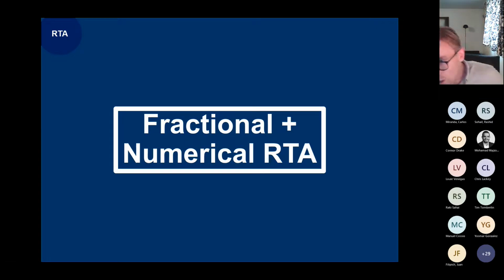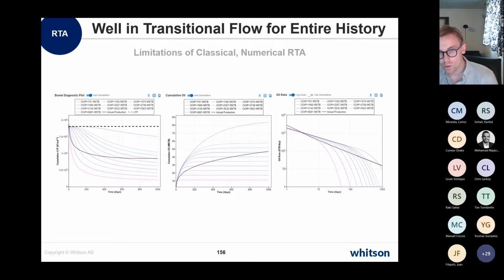The thing that we worked a lot on the past year, and which has probably been one of the key outputs of the numerical RTA JIP, is how you can marry fractional RTA and numerical RTA. If we had a well that was in transitional flow for the entire observed history, this kind of power law relationship, and we applied the numerical RTA workflow in, for instance, Whitson Plus, you would see these key diagnostic plots.